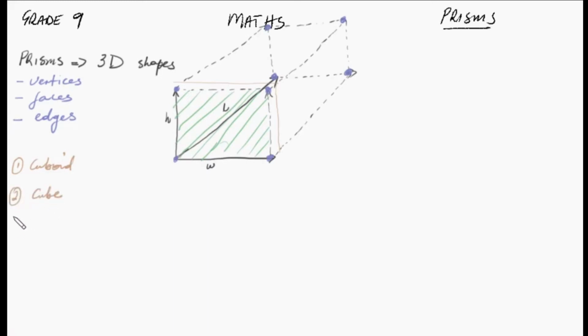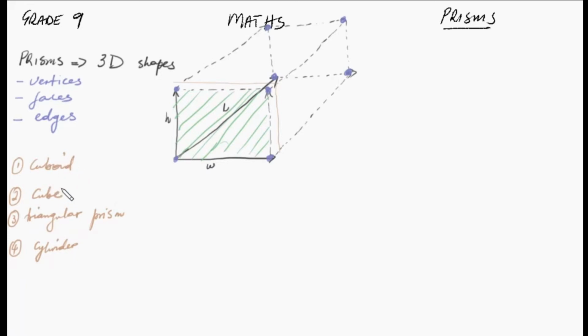Number three, we have a triangular prism. And we have a cylinder, and several others. But I would like us to focus on these ones today.